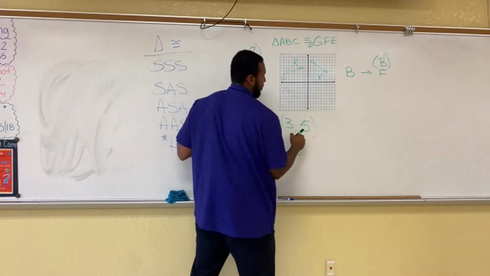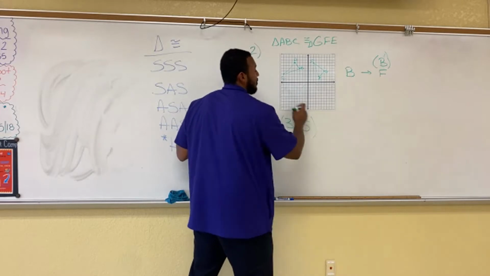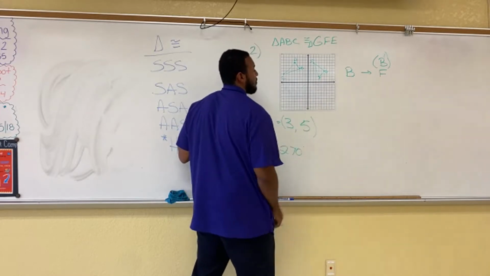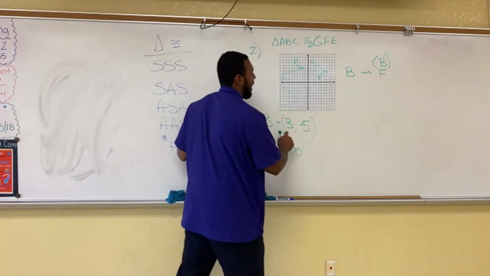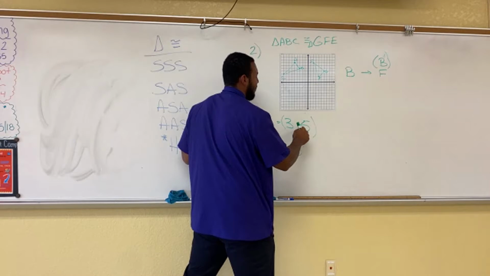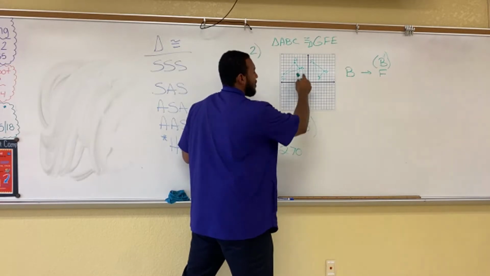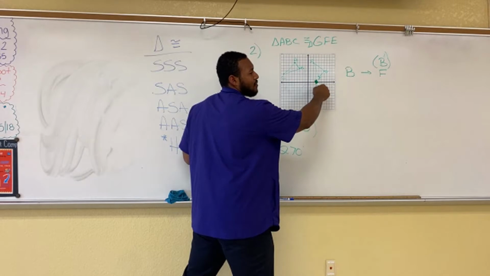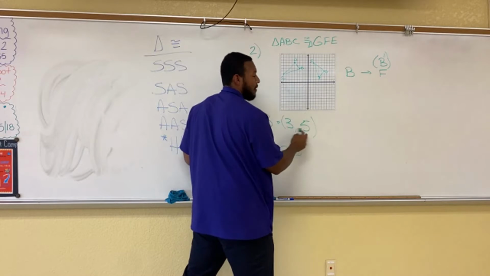180 for this is going to be -3, -5, because we get opposite signs here. If we were to get to 270, and I want to make sure I'm right here, I think we're going to be at +5, -3. Ms. Condra, I'm assuming, right? If we use the rule for rotating 270 degrees, it'll be 5, 3.